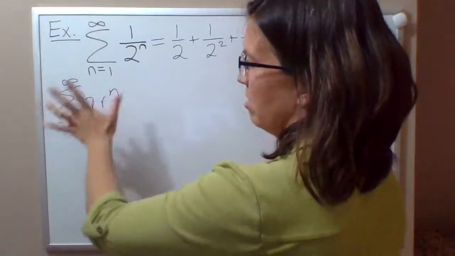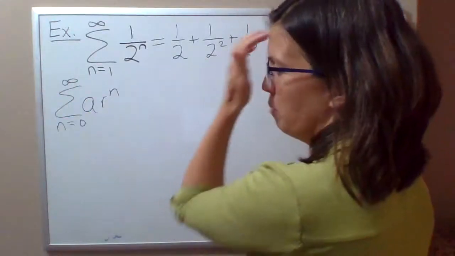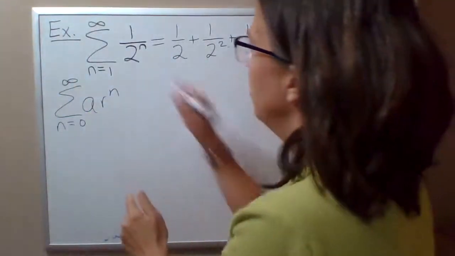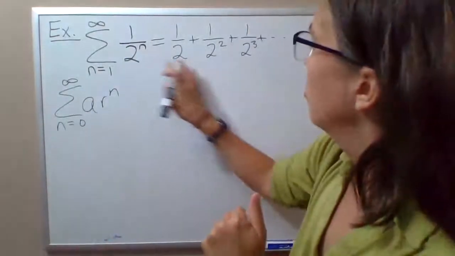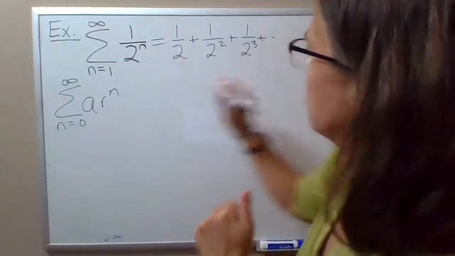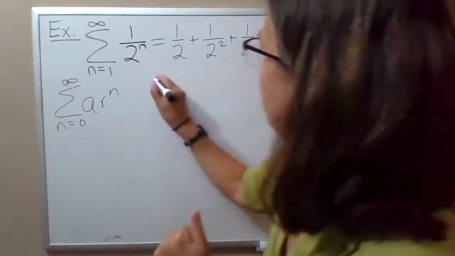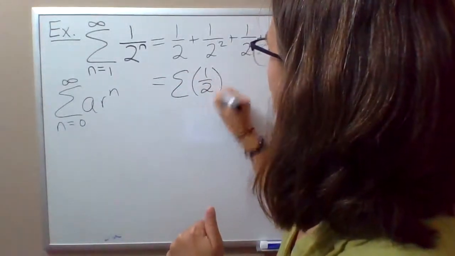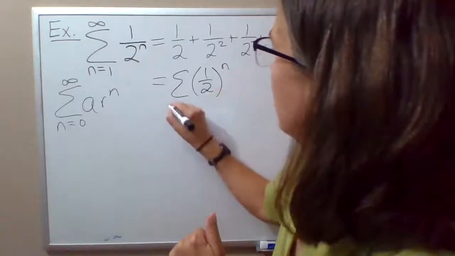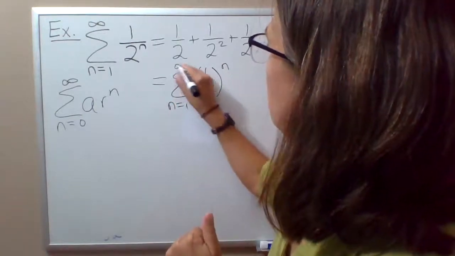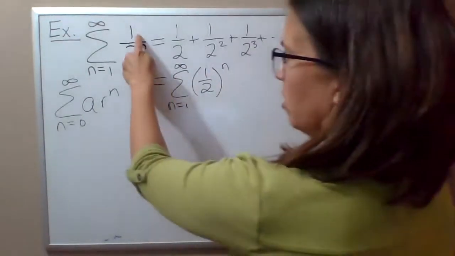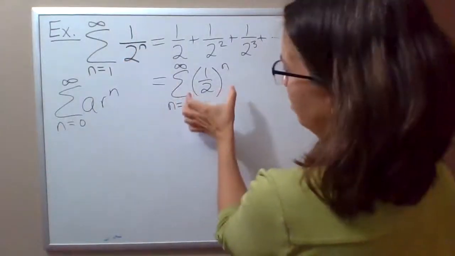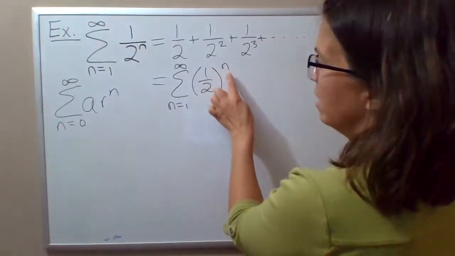So that's the signal that you're looking at a geometric series, which in this case, the sum 1/2 plus 1/4 plus 1/8 and so on, can be written as 1 over 2, all raised to the n. It is acceptable to take this constant 1 in the numerator and think of it as 1 to the n.